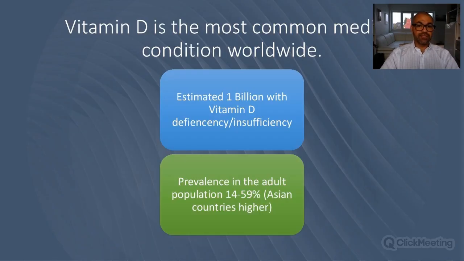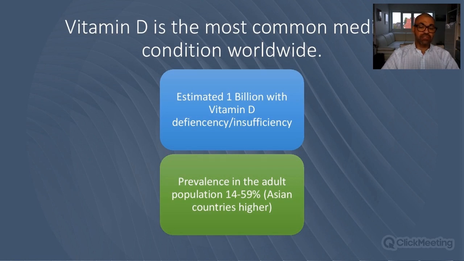Here is just some data. We know that approximately 1 billion people on this planet have vitamin D3 deficiency, or at least an insufficiency. These are WHO report sources. And we have a prevalence in the adult population in the literature between 14 and 59%.